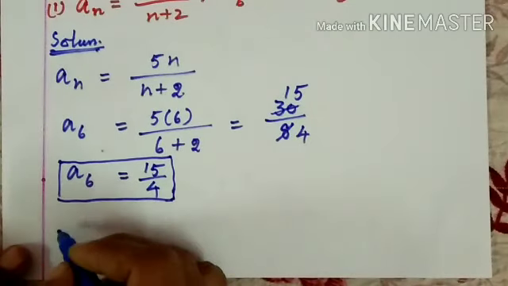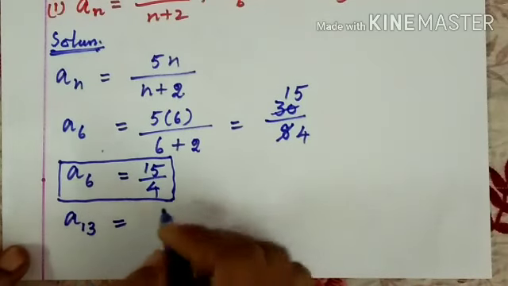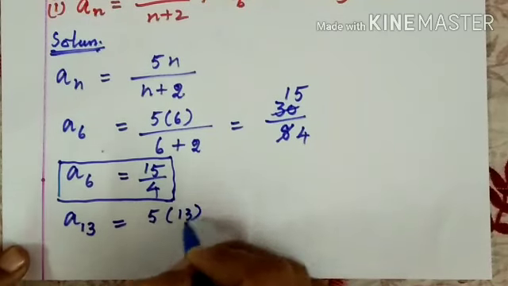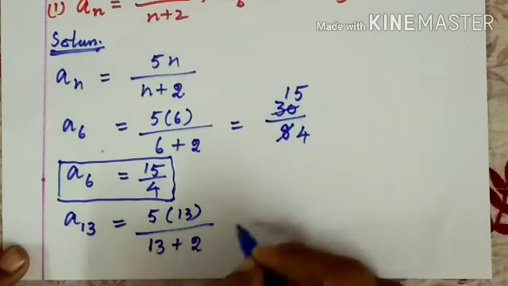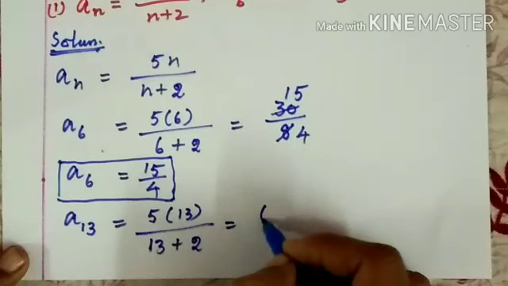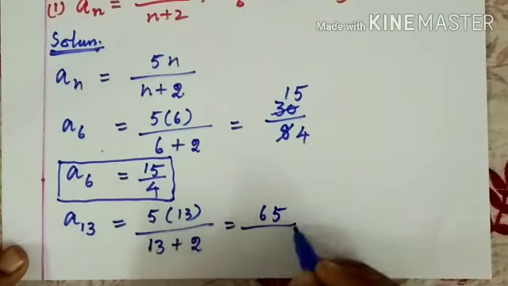This is the answer for the first indicated term. Then next you have to find the value of A13. For n you apply 13, that is 5 into 13 by 13 plus 2, which is equal to 13 5s are 65 by 15.